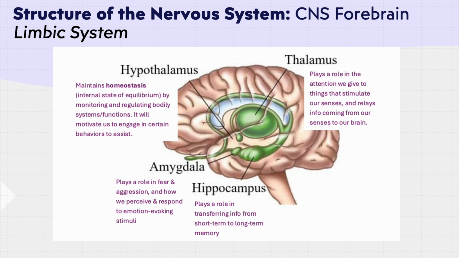We also have our hippocampus, which plays a role in transferring info from short-term to long-term memory. Studies suggest that the hippocampus is larger for individuals who consistently perform tasks involving spatial memory, or your ability to remember where things are located and how they relate to others, such as taxi drivers.